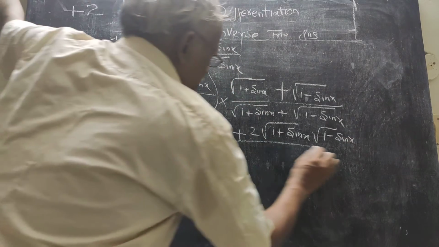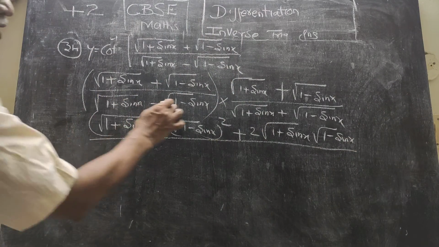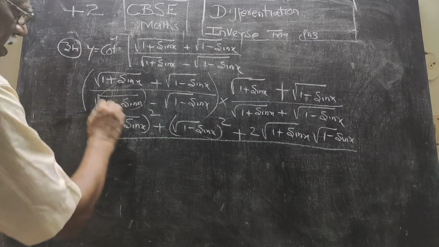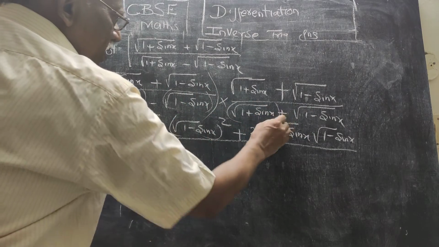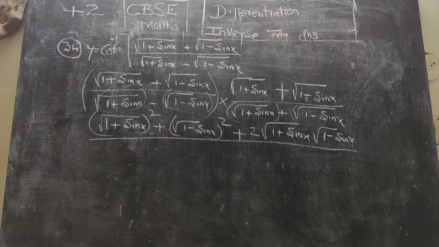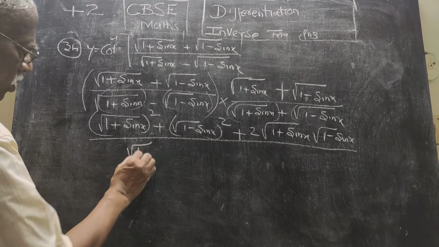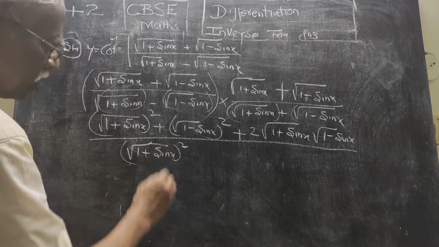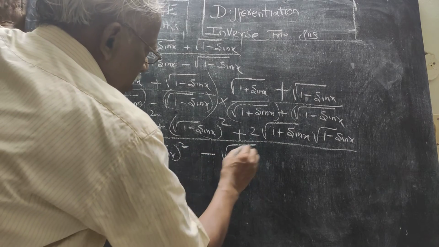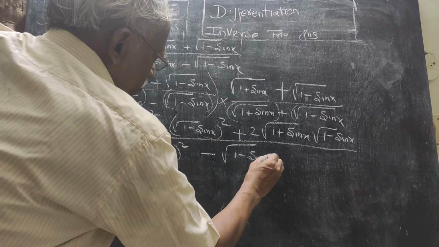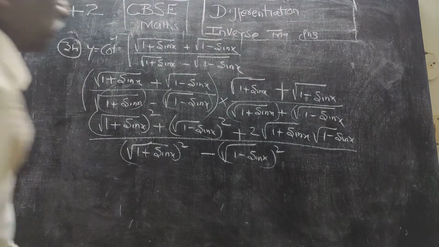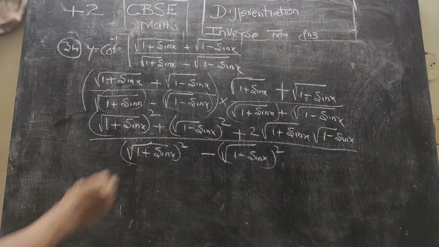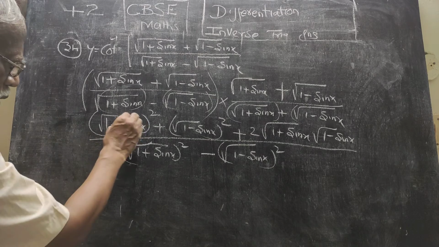The denominator is like x minus y and x plus y, which is equivalent to x square minus y square. So root of 1 plus sin x the whole square minus root of 1 minus sin x the whole square. The result is now the square root and the square will both go off.